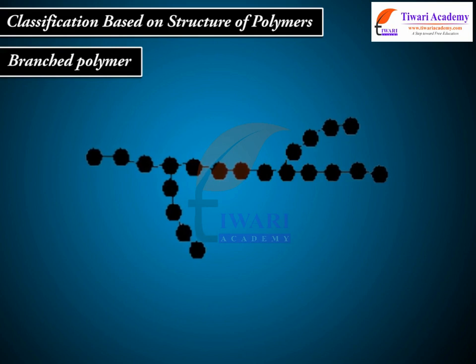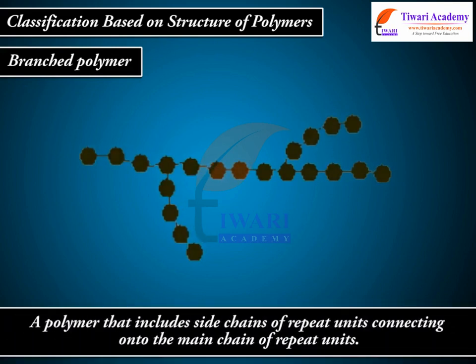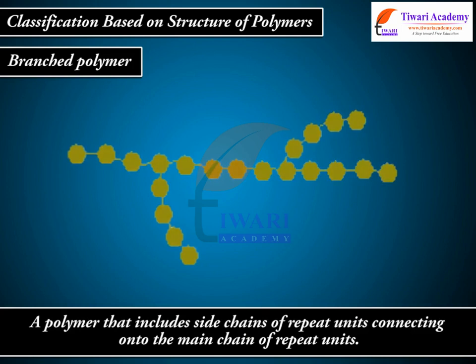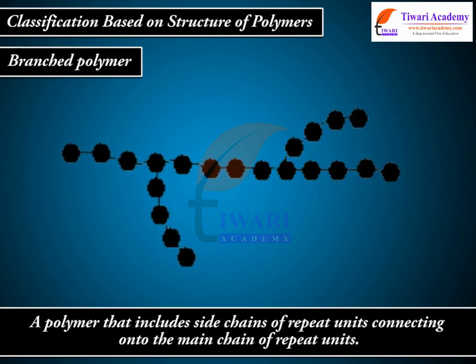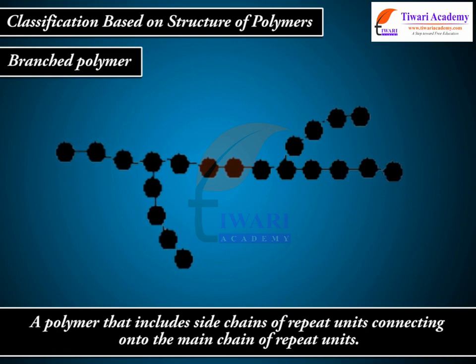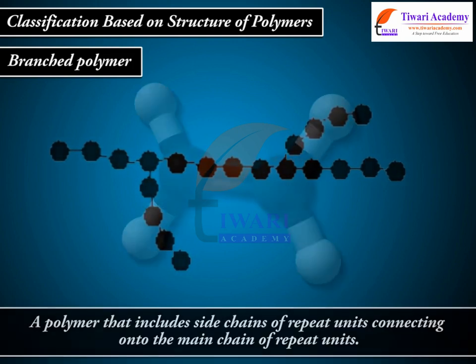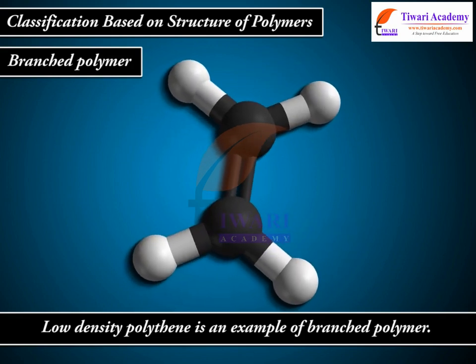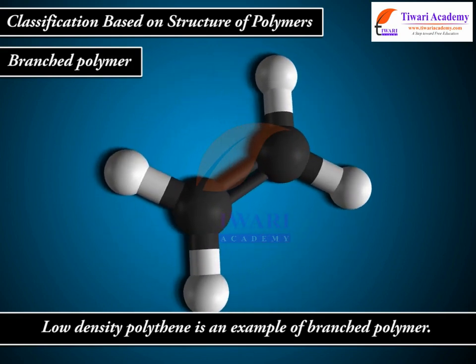Branched polymer. A polymer that includes side chains of repeat units connecting onto the main chain of repeat units. Low-density polythene is an example of a branched polymer.